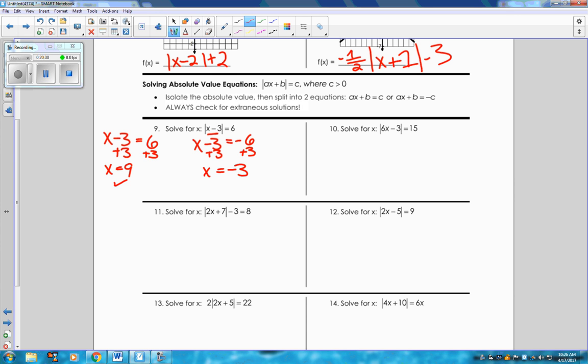Plug in negative 3. Negative 3 minus 3 is negative 6. Absolute value of negative 6 is 6. Does it work? So my answer to this one is x equals 9 and x equals negative 3. Are there any questions so far?